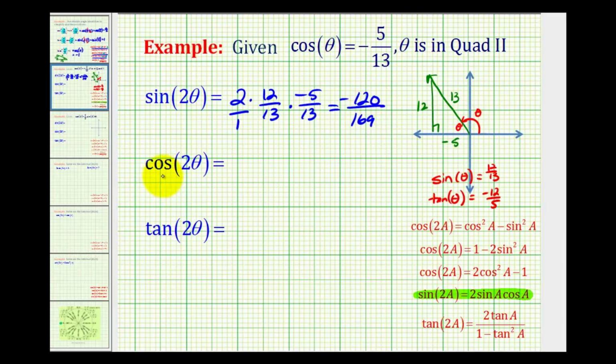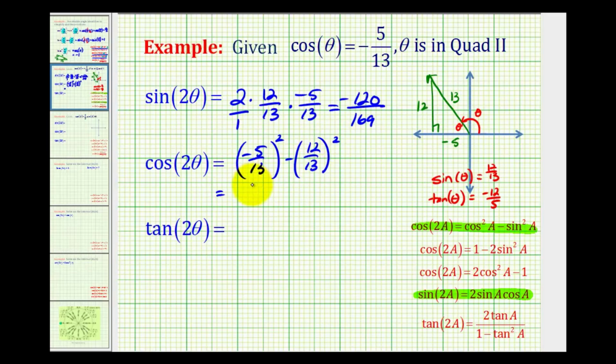To determine the value of cosine 2 theta, notice we have 3 different options. Let's go ahead and just use the first identity. So cosine of 2a is equal to cosine squared a minus sine squared a. So cosine 2 theta is equal to cosine squared theta, which will be negative 5/13 squared, minus sine squared theta, which is 12/13 squared.